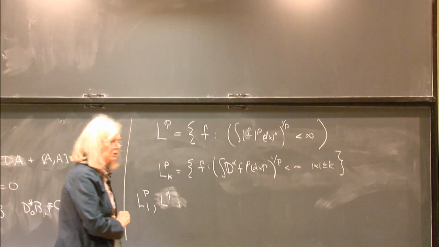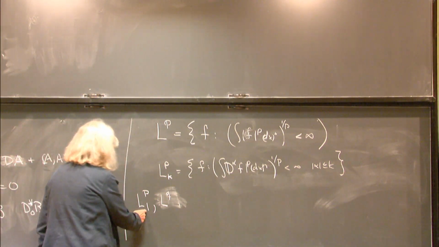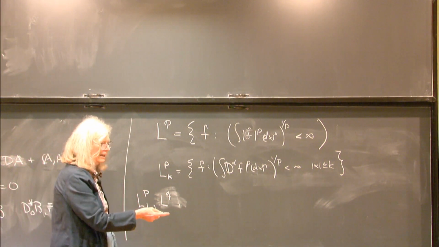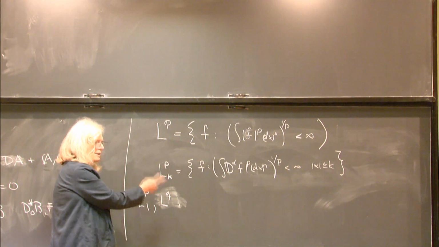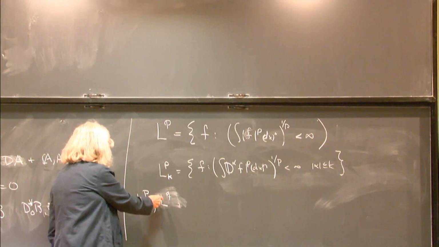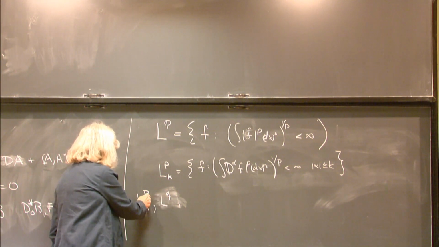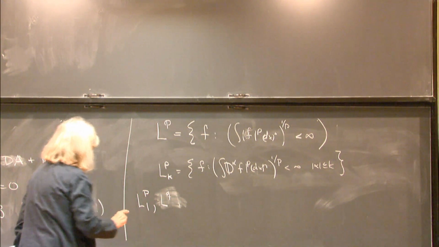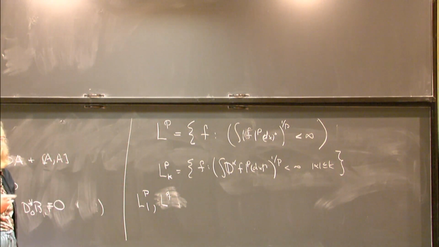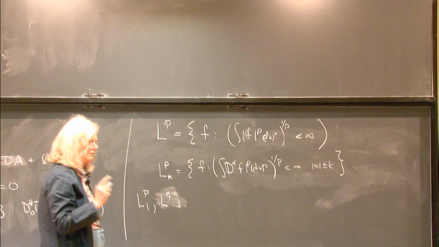And the question is, what's the relation between them? Now you know that if a function is Lipschitz, you know it's continuous, right? And similarly, you know from the definition that if p is equal to q, this space is bigger. But the question is which one is bigger? And that turns out to be essential to all the calculations that are done. And it's kind of cute how you figure out what is essential.